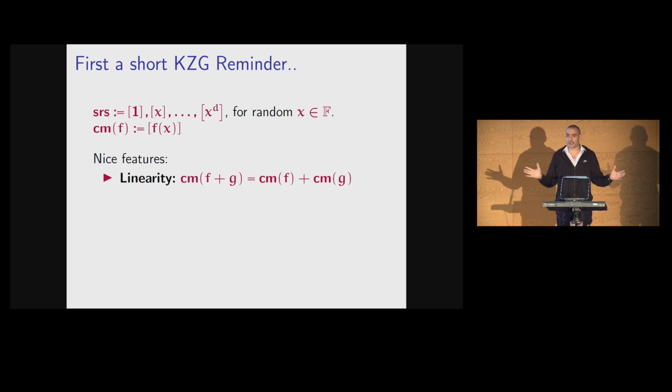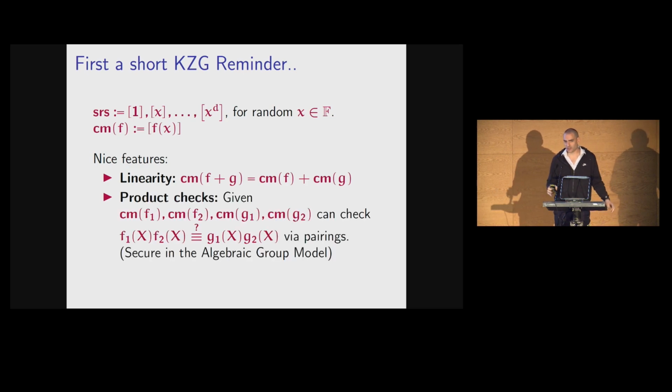The first one is linearity. The commitment of the polynomial f plus g is the commitment of f plus the commitment of g. The second, more fancy property is that using the pairing, we can do product checks directly between commitments.